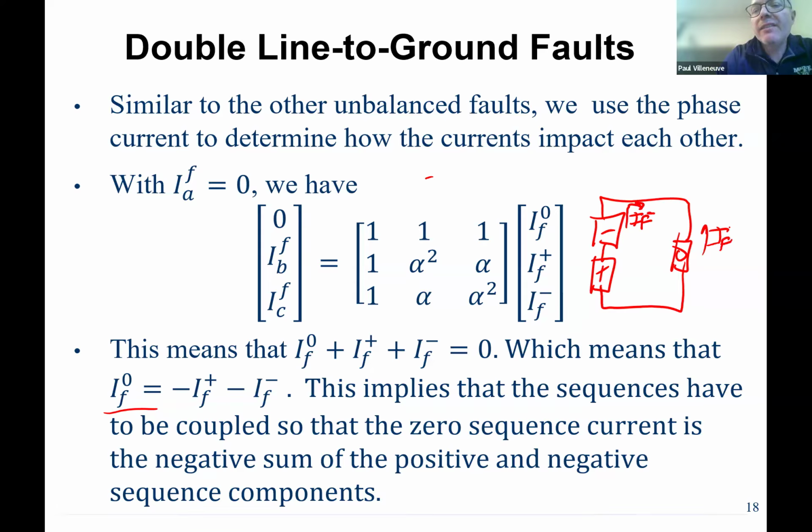This is IF 0. Do you sum two currents to go to 0? IF positive is right here. I'm not summing them. I'm saying they're the same when they're in series. So that doesn't work, does it?